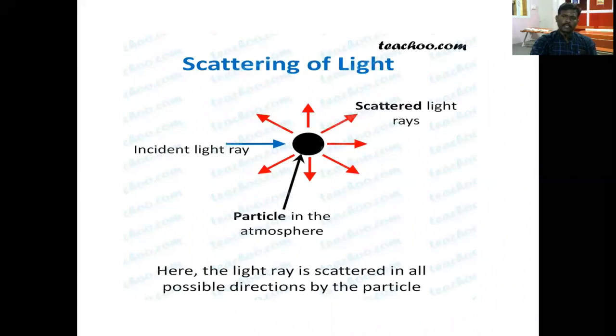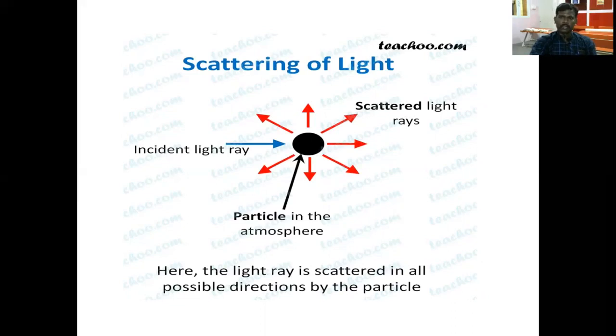If you increase the wavelength, the amount of scattering reduces. If you decrease the wavelength, the amount of scattering increases. For frequency, it is in reverse order. The amount of scattering is directly proportional to the frequency.